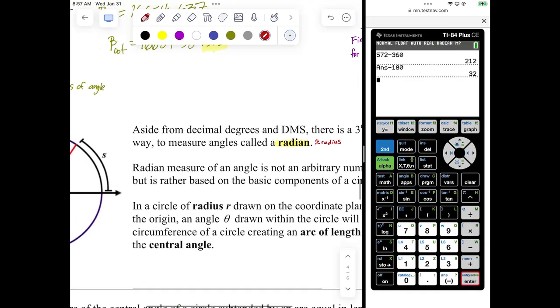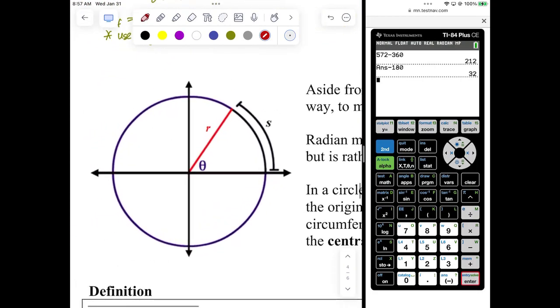So if you take any circle in the whole wide world, and you take the length of its radius, if you center it at the origin, of course, you draw the coordinate plane, you center it at the origin, this is the radius.